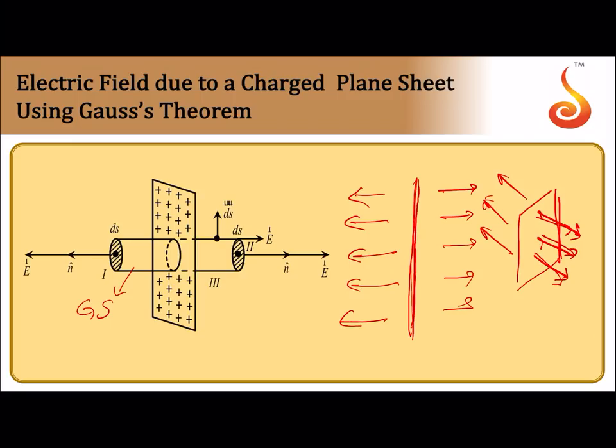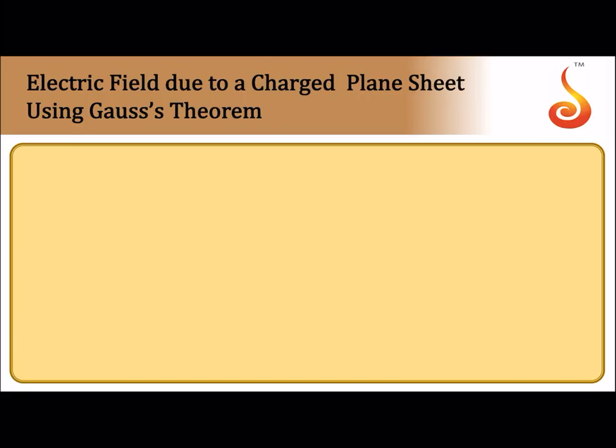Now it's the time to go to the actual derivation. So how do I do that actual derivation? Let us do this. I'm doing it in the form here. This is my sheet of charge and the charge density is sigma. So this is the Gaussian surface which I selected. Correct?